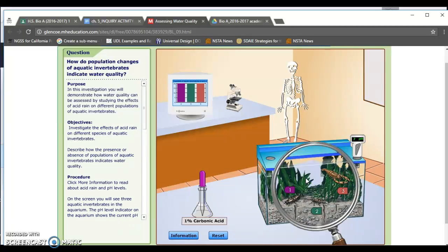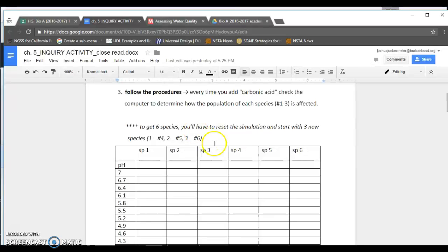Once you've collected information for these 3 organisms and filled out the information for species 1, 2, and 3 for different pHs, remember the number you're putting in here is how many there are. Let's say the population started with 10. If there were 10 individuals, then you go down to pH 6.7, and you get 15 individuals, right?